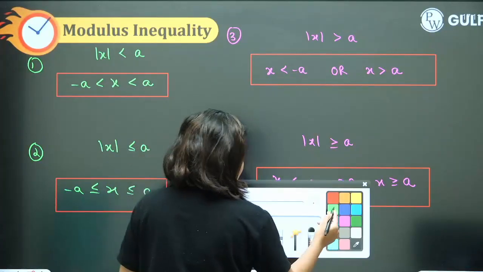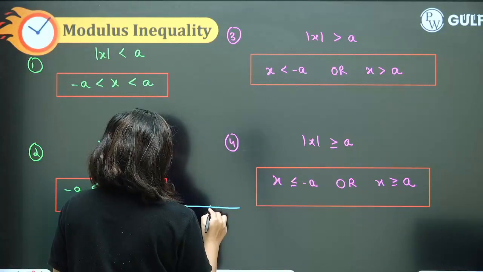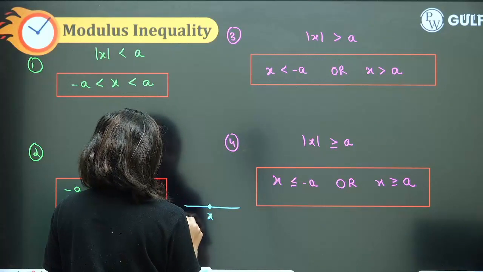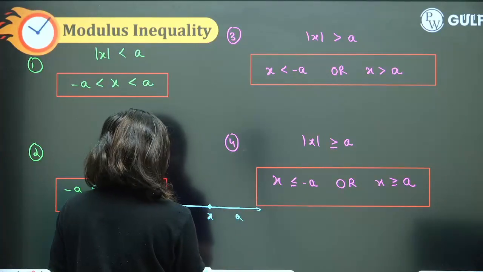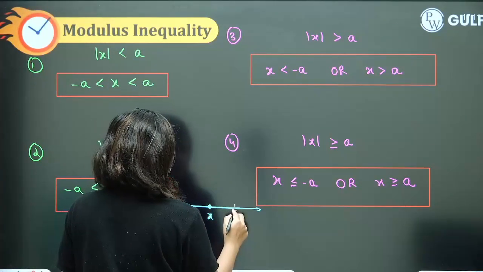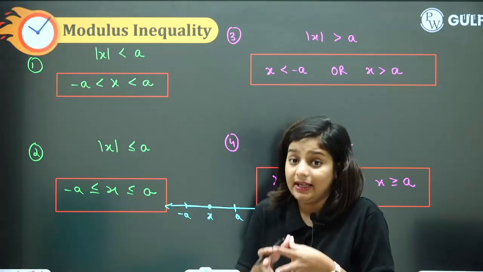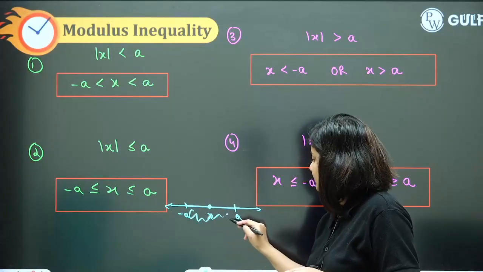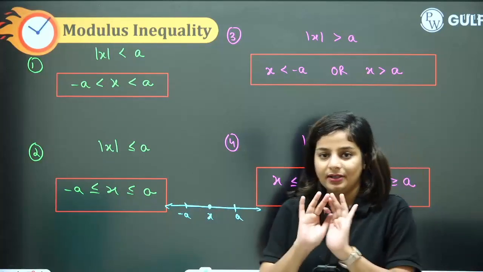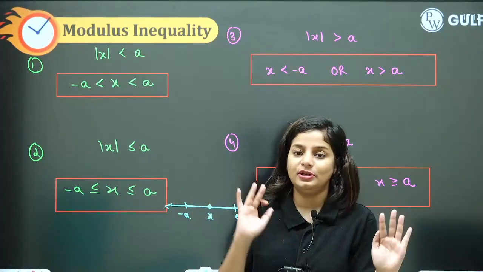You all have to imagine it like this. If there is an x, this is minus a, this is plus a, and there is a number line like this. Now, if I say modulus x should be less than a, x will lie between minus a and plus a.